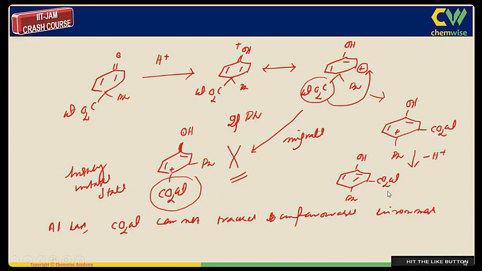So it's not always true that the electron rich moiety, or the moiety having more migrating aptitude, is going to migrate. This is not always true. We find cases where the group having low or poor migrating aptitude is going to migrate. It depends on the situation. Molecules always work along situations.